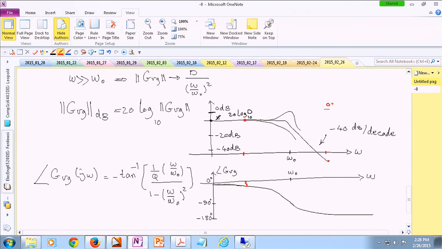This is 0 dB, and this is negative 60 dB. So you get about 1,000 times attenuation of fluctuations, and in terms of phase angle, you get about 180 degrees of phase shift.